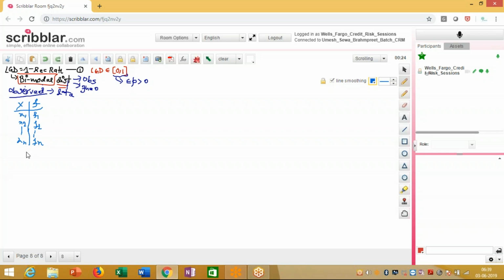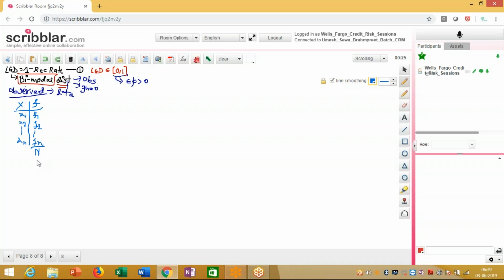Now the total number of observations that we have is, let's say, capital N. What is this capital N? This capital N is nothing but the sum of all the frequencies.